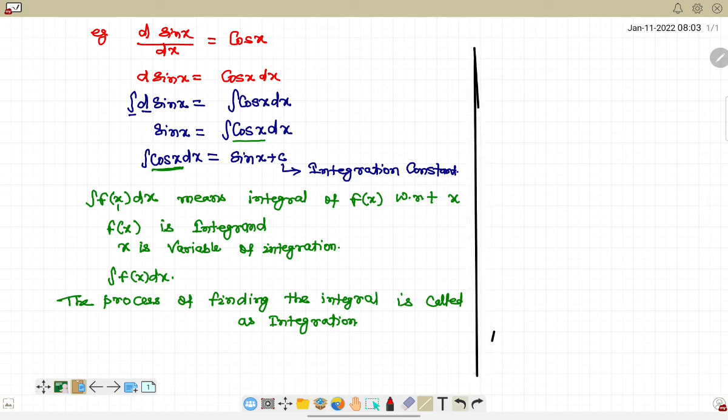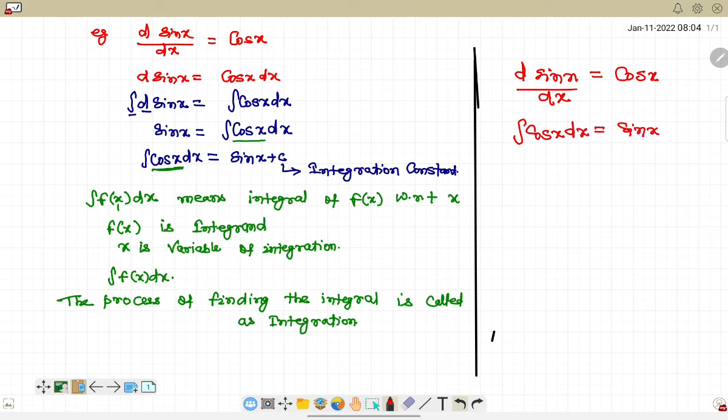Suppose we differentiate sin x, then we will get cos x on the right-hand side, with respect to dx. Now according to our rule, if we integrate cos x, then we will get sin x. So we can write: integration of cos x dx is equal to sin x.